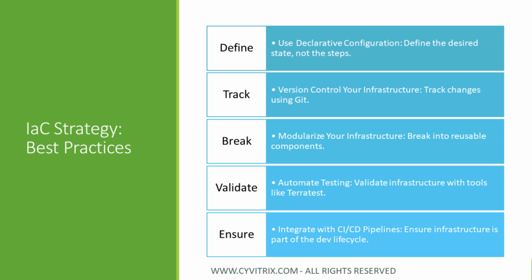Additionally, organizations should implement role-based access control (RBAC) to ensure that only authorized personnel can make infrastructure changes, enhancing security. Lastly, organizations should implement drift detection to identify when actual infrastructure configurations differ from the code, ensuring consistency between environments.